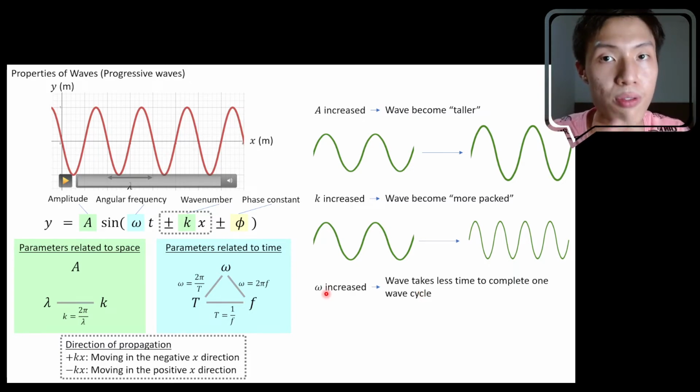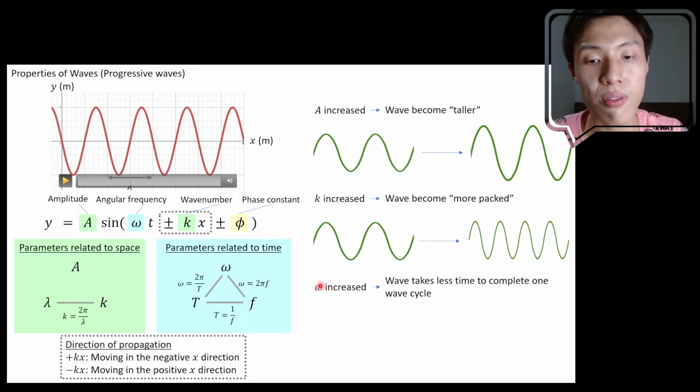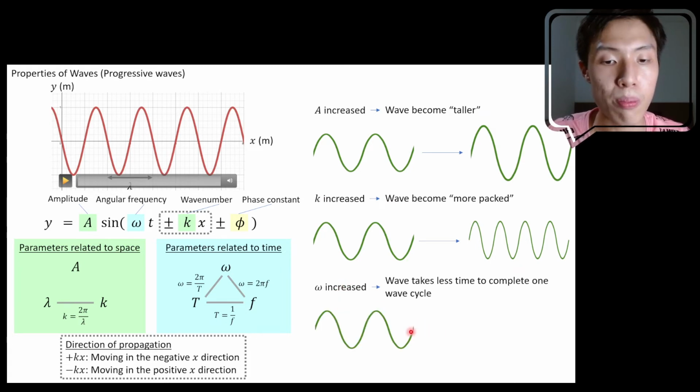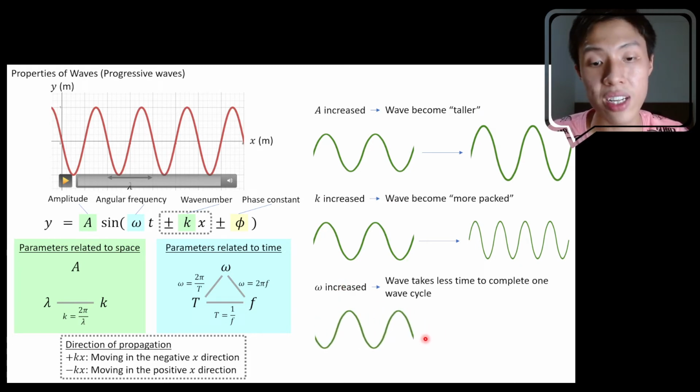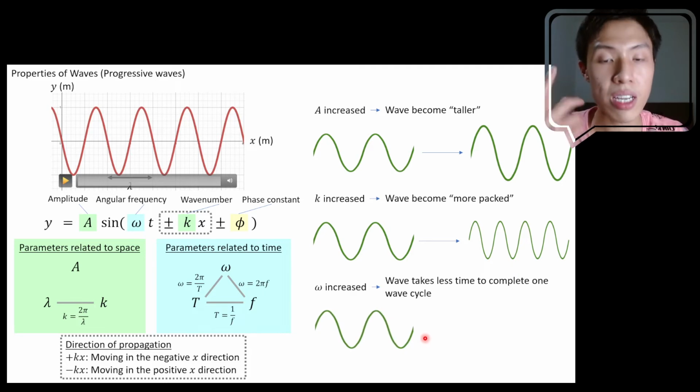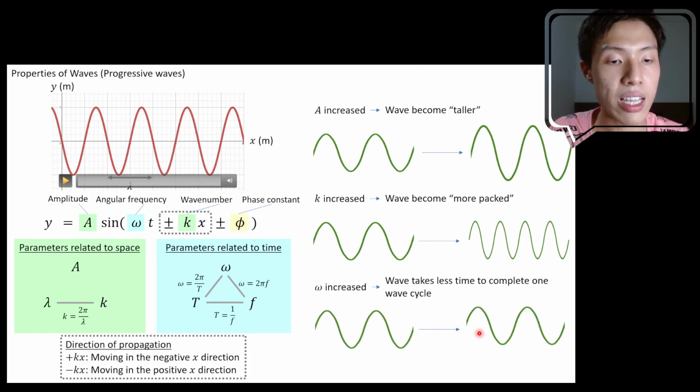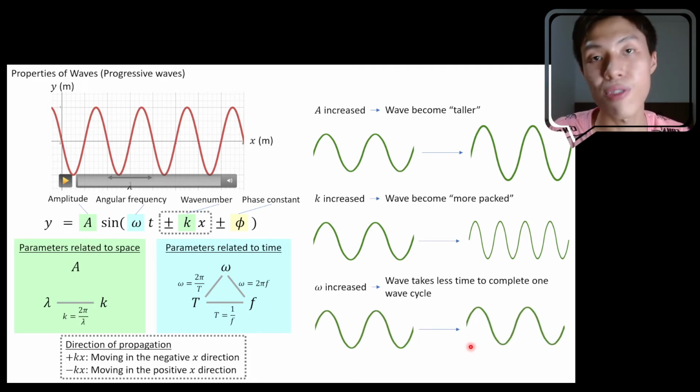Therefore, you should observe the wave progressing faster if omega increases. We are keeping k constant. Initially the wave progresses at this kind of speed, but if we increase omega, then we'll see the wave progress faster.